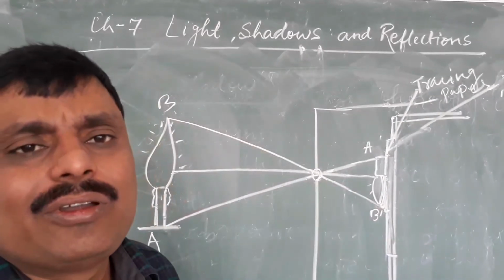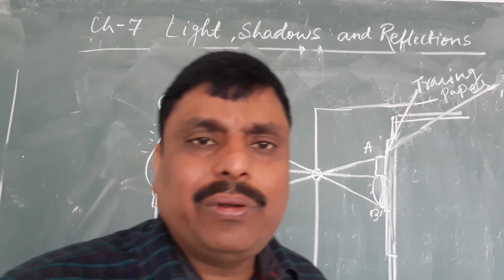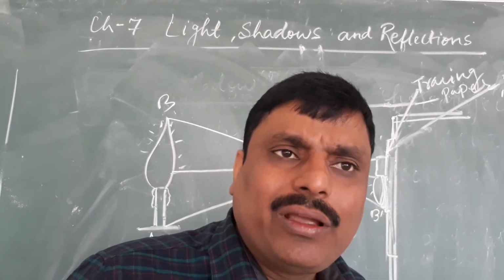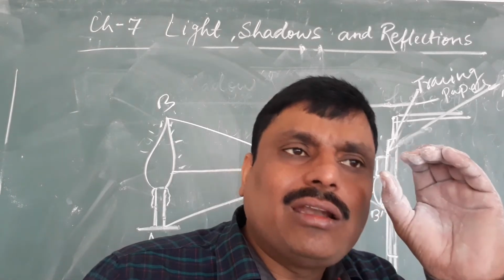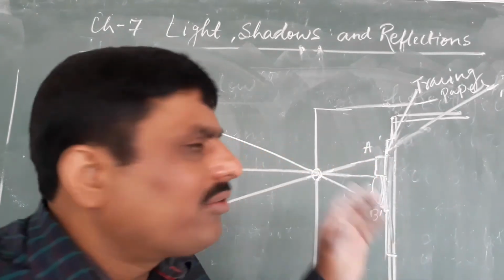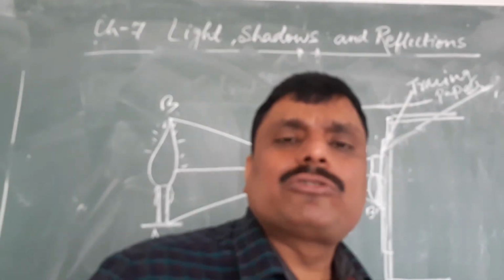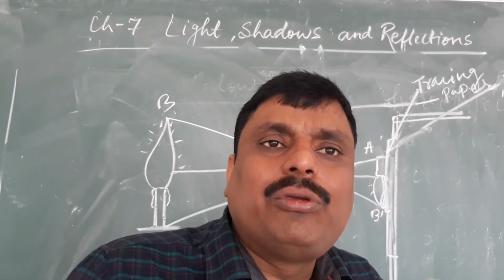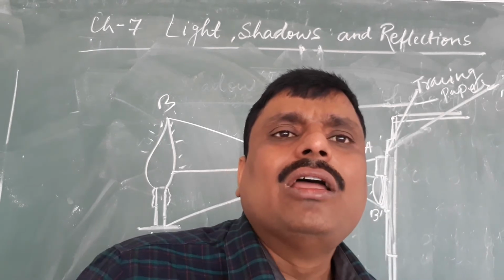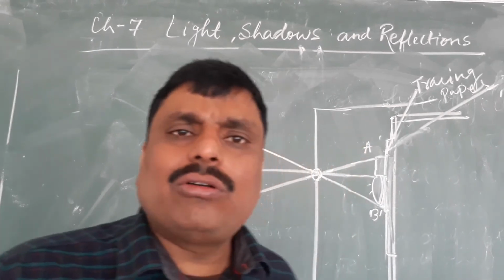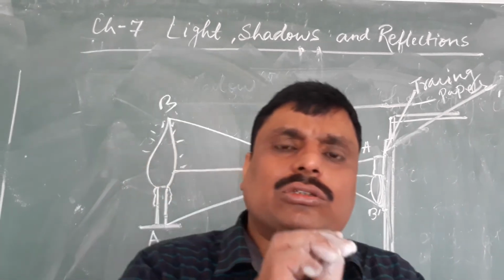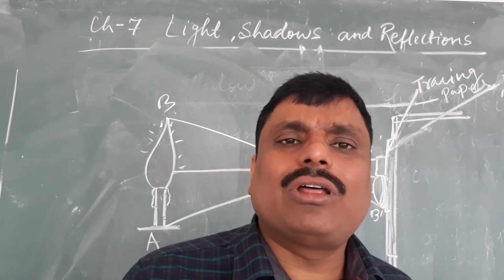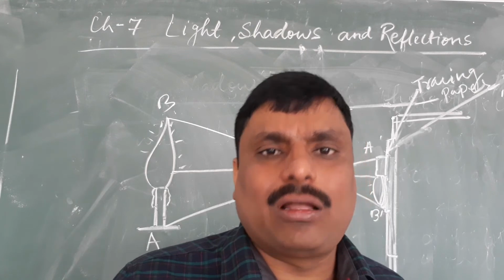If anyone asks you how we can show that light always travels in a straight path, you may show this thing. You may take a straight pipe. If you look at the burning candle through it, you will easily see the burning candle without any obstacle. But if the same pipe is curved, you will be unable to see the candle, because you have changed the shape of the pipe, and the light will not follow the curved path.